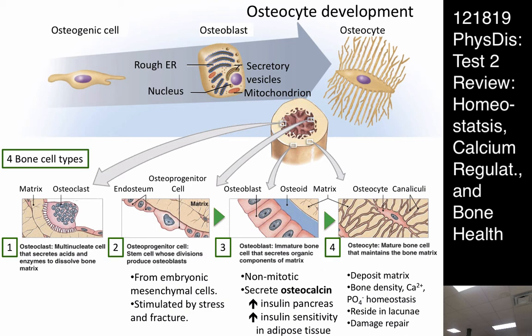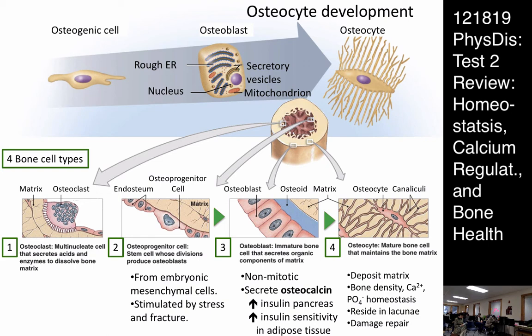Then they can differentiate. So they go through some changes. Certain genes turn on, other genes turn off, and they differentiate and turn into osteoblasts with a B. Osteoblasts are bone-building cells.